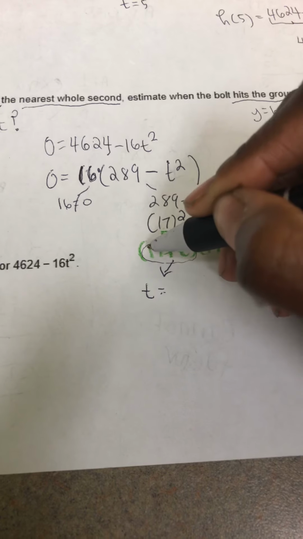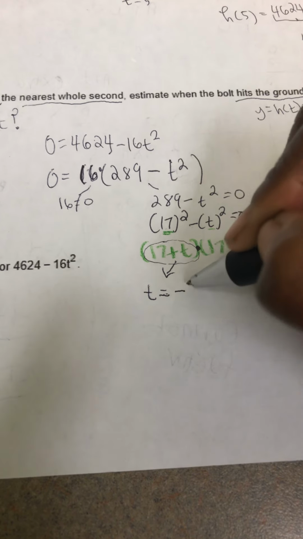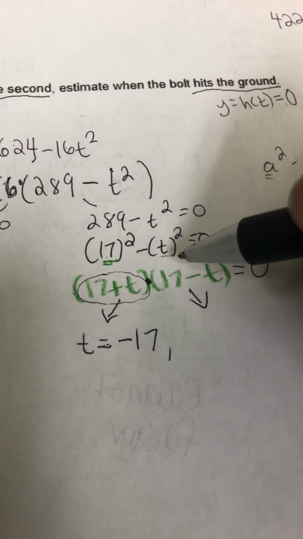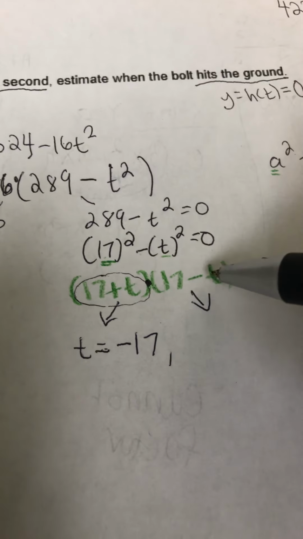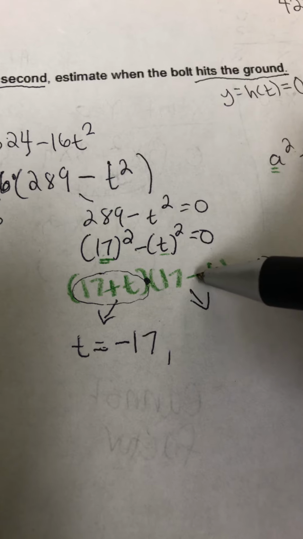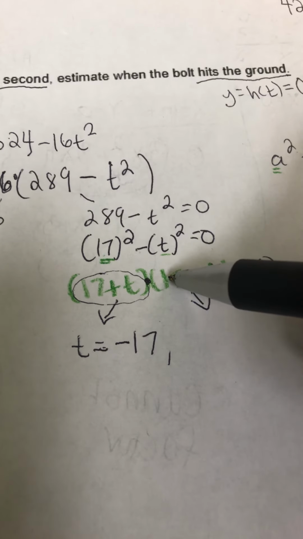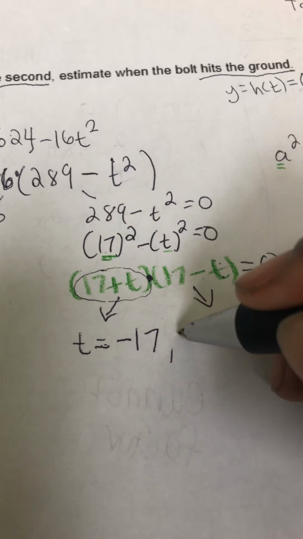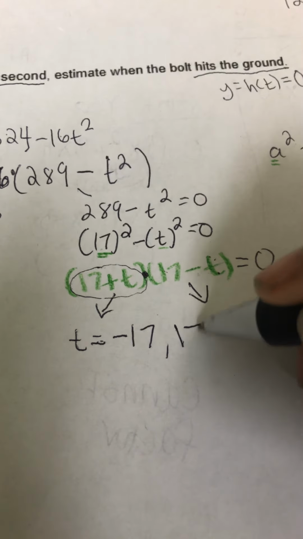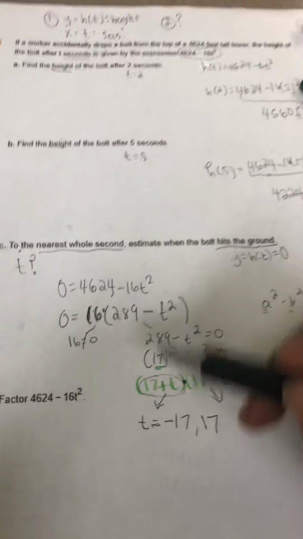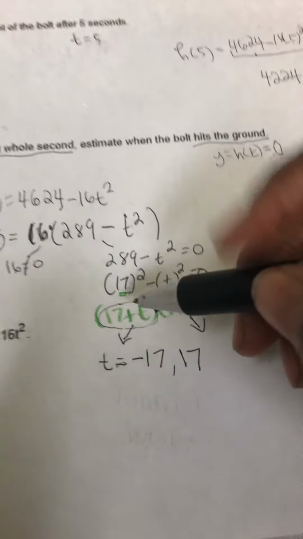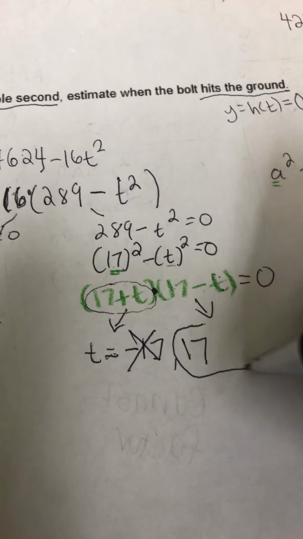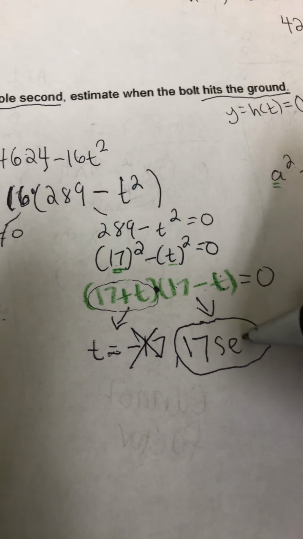So here, because this is positive 17, this would be negative 17. And over here, we have 17 minus t. Because this one has a negative, it's actually going to be the same sign already, okay? So 17 minus what would give you 0? That's just 17, okay? Remember, time is seconds, and there's no such thing as negative seconds, so we have to throw that one out too. So the final answer would be 17 seconds.